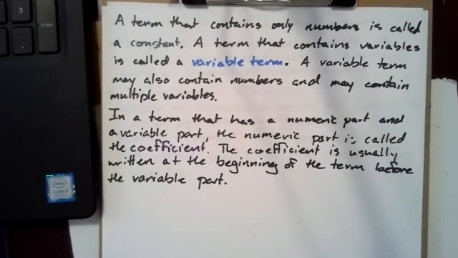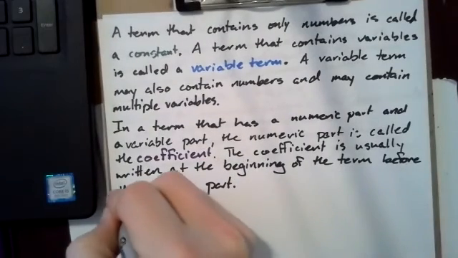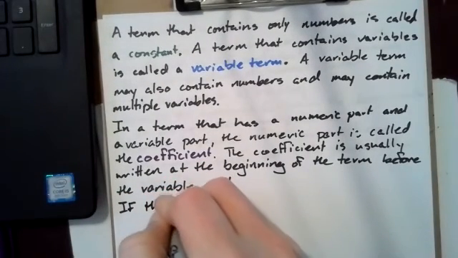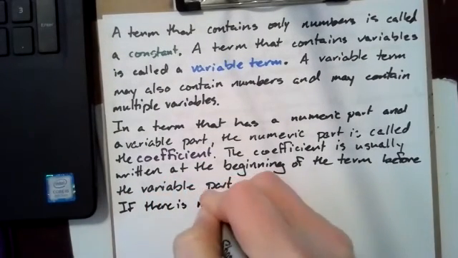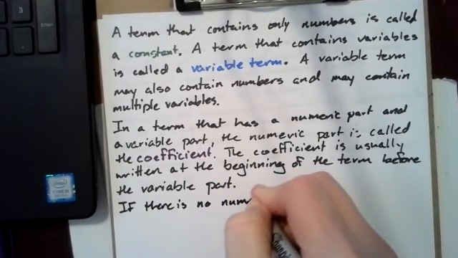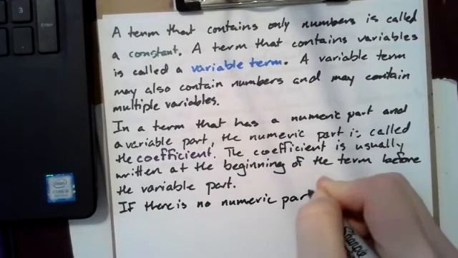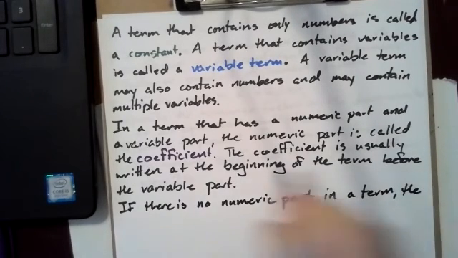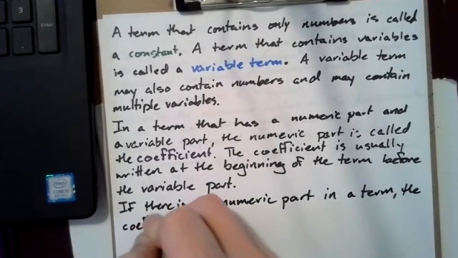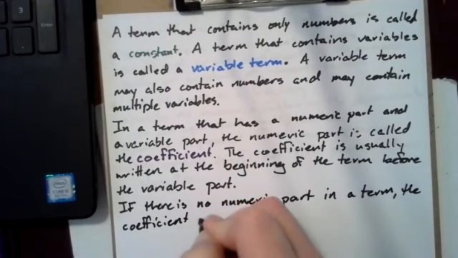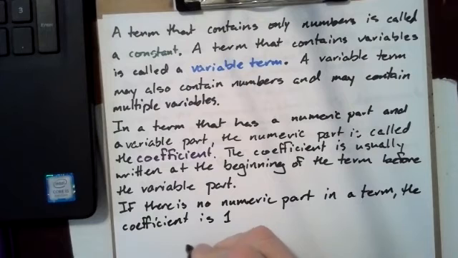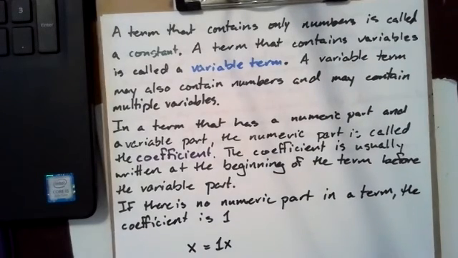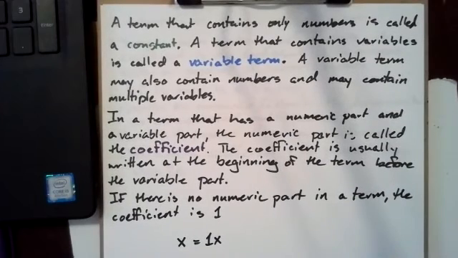And if there is no numeric part in a term, the coefficient is 1. After all, we know that, say, x equals 1 times x, because anything times 1 is itself.